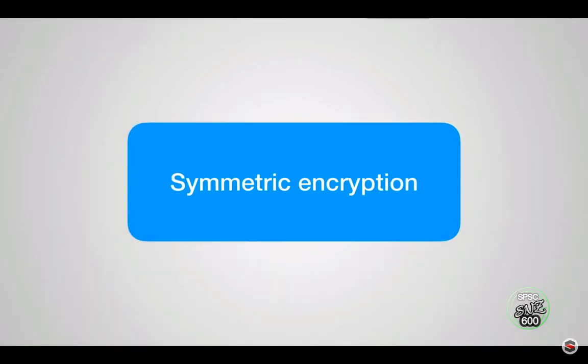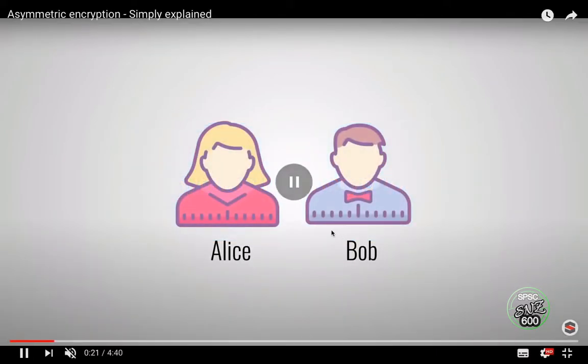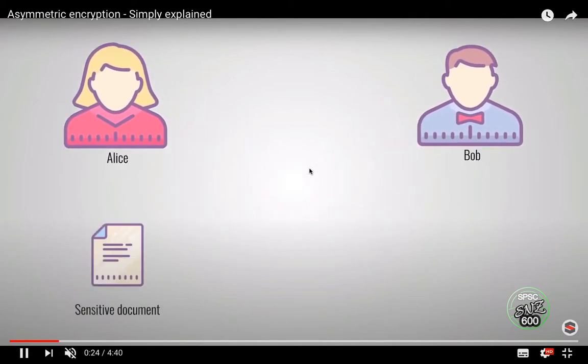In symmetric encryption, suppose we are thinking of Alice and Bob. Alice and Bob want to share a message. Alice wants to share a sensitive document with Bob. Before this, she encrypted the message using a symmetric key.